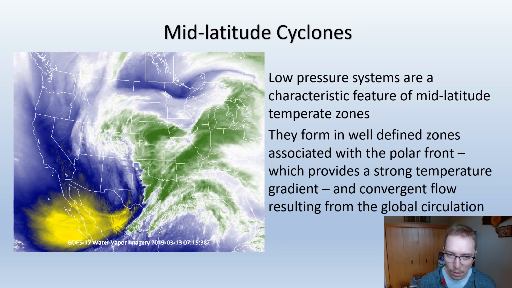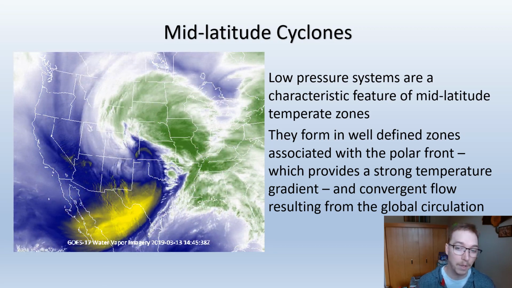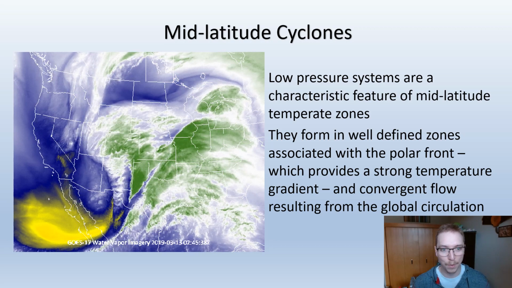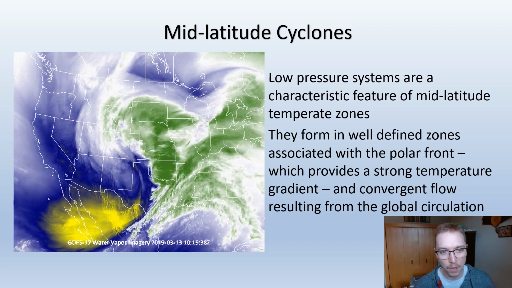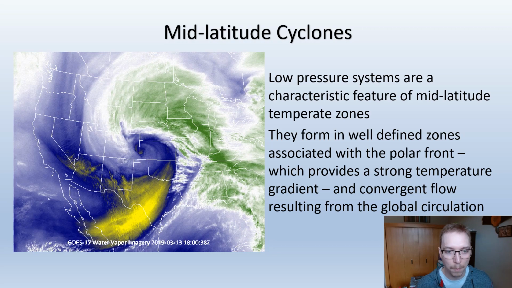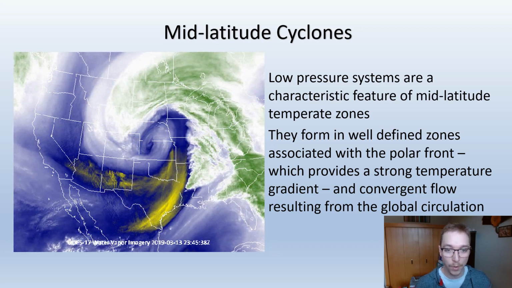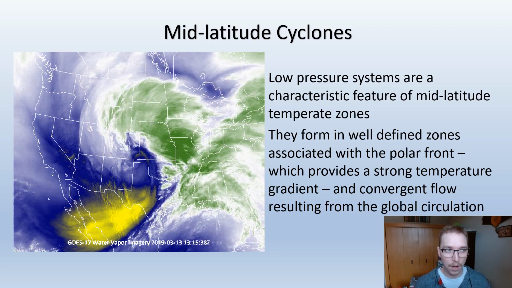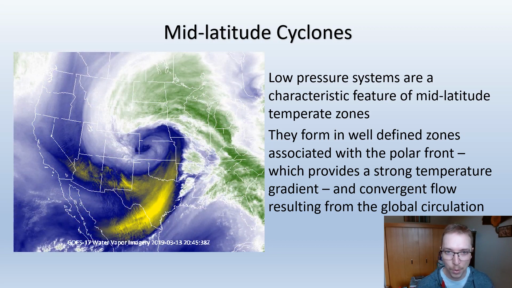That was particularly impactful, as we mentioned at the very end of the last video. This is the process of bombogenesis, or the rapid intensification of a storm, at least 24 millibars decrease over 24 hours. But these are a little bit different than our tropical cyclones.